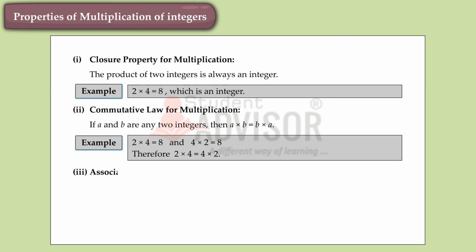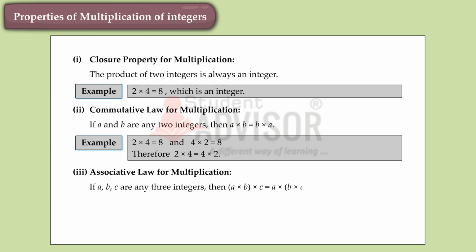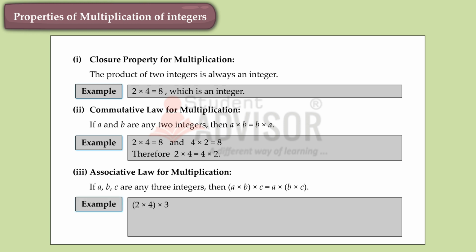Associative law for multiplication. If a, b, c are any three integers, then multiplication of ab by c is equal to multiplication of a by bc. Study the given example.